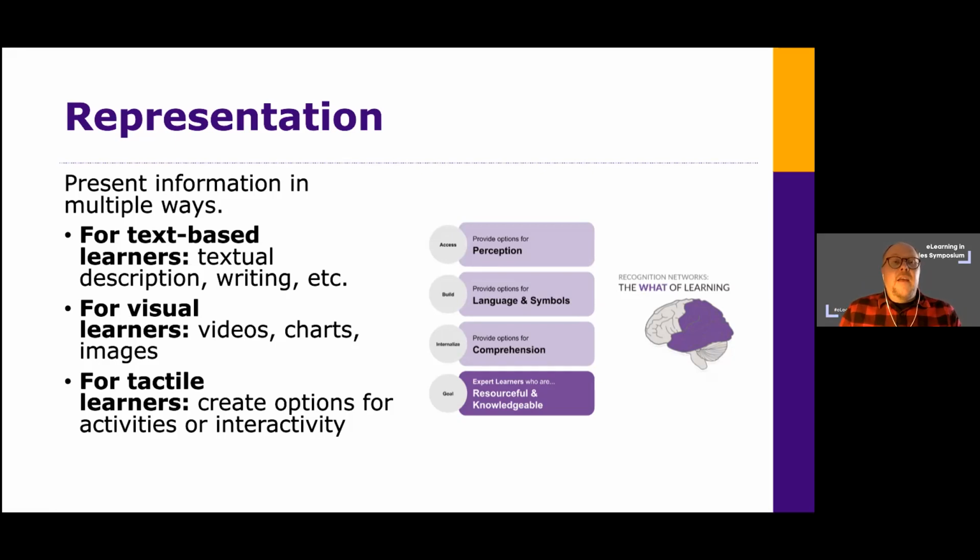And again, with tactile learners who learn by doing, I want to integrate different activities or interactivity into my H5P learning objects. That could be quizzes, multiple choice options, or even long-form answers that I can embed in different forms of my learning object.